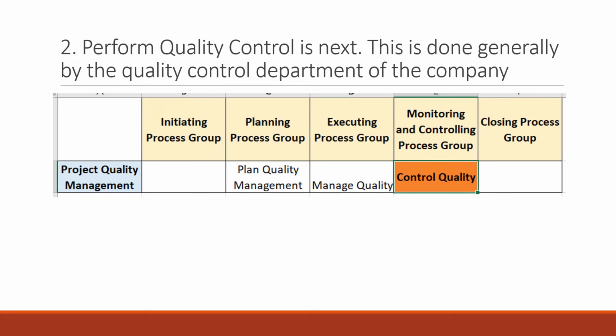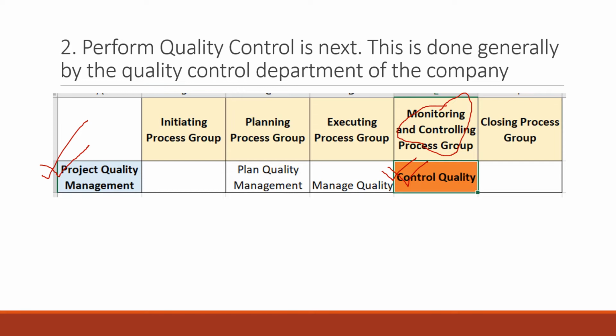Now, the second step here is in the project quality management knowledge area. Remember, the previous one was the integration management knowledge area. Under the monitoring and controlling process group, you have a process known as control quality. A lot of people have this confusion, especially when you're starting new and reading the PMP courseware.